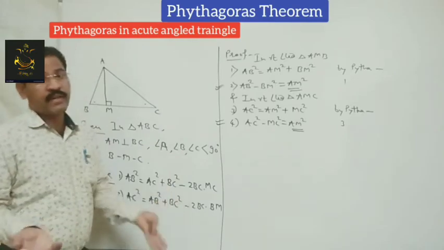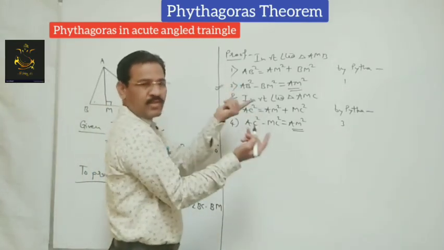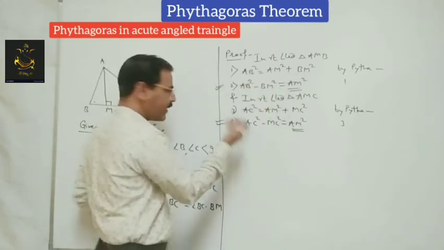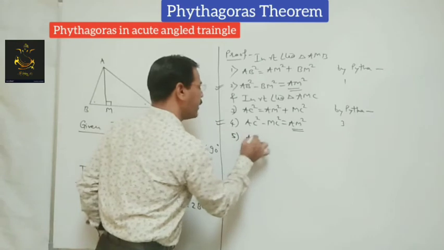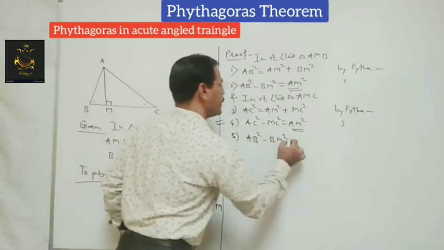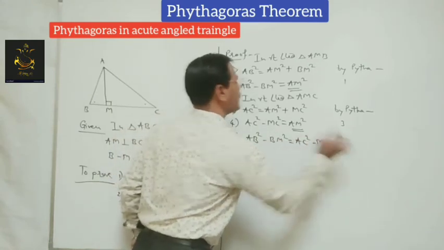Now just try to look here in second step and fourth step, this AM is there. So we can equate these two, they are the same. This is their LHS. Because the RHS is the same, we can write LHS the same. So AB square, look here, this is the important part, is equal to what? AC square minus MC square.